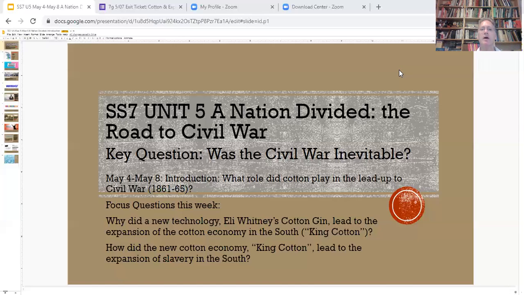So how did a new technology that involved processing raw cotton lead to the expansion of the cotton economy in the South? And then how did this expansion lead to the spectacular spread and further expansion of slavery in the South?